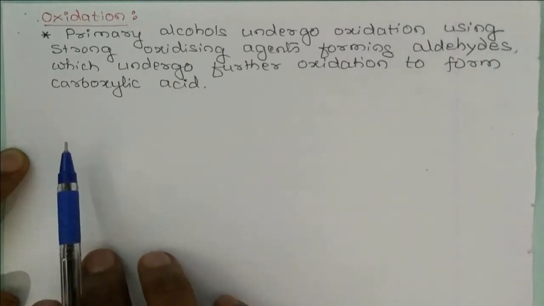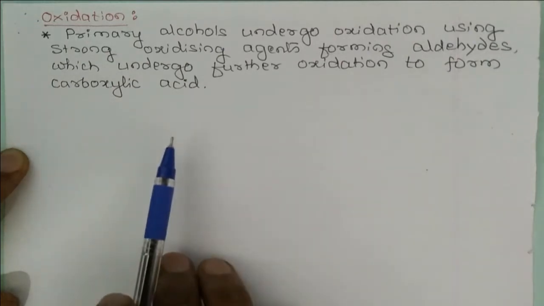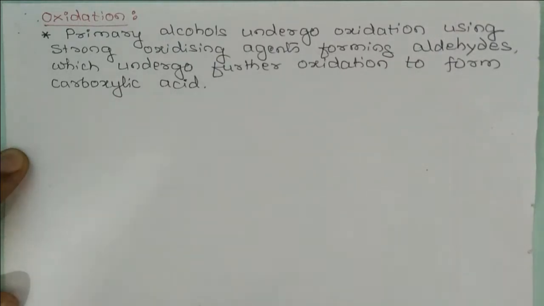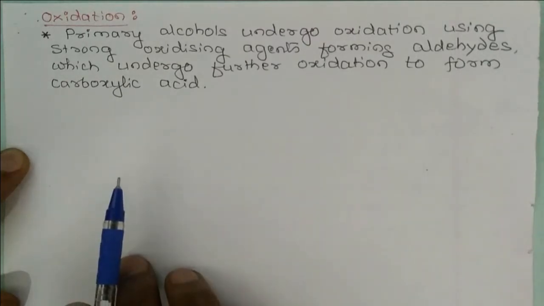Whereas secondary alcohols on oxidation give ketones, which on further oxidation give carboxylic acids with less number of carbon atoms. Tertiary alcohols don't undergo oxidation reaction, they have resistance towards oxidation.